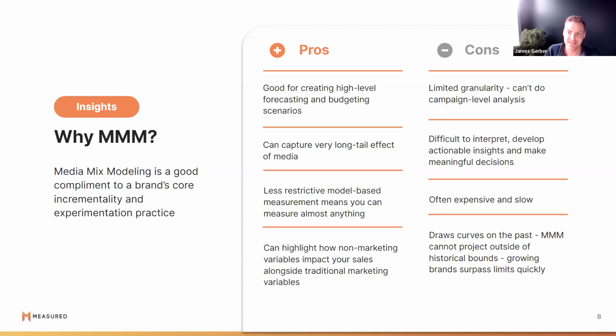In terms of how much historical data you need, at least a year is generally the best practice, and up to 2-3 years would be better. And so that kind of speaks to why it doesn't really fit young brands and brands that are growing pretty quickly and rapidly, right?